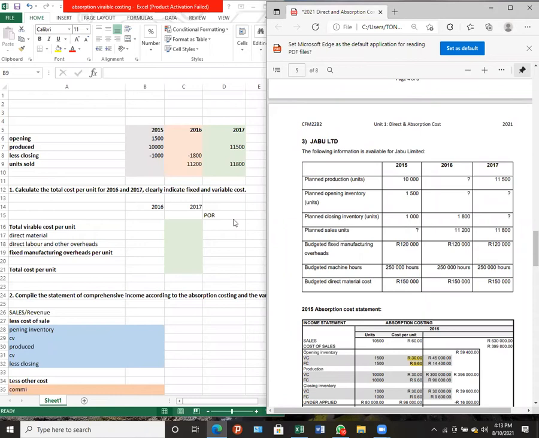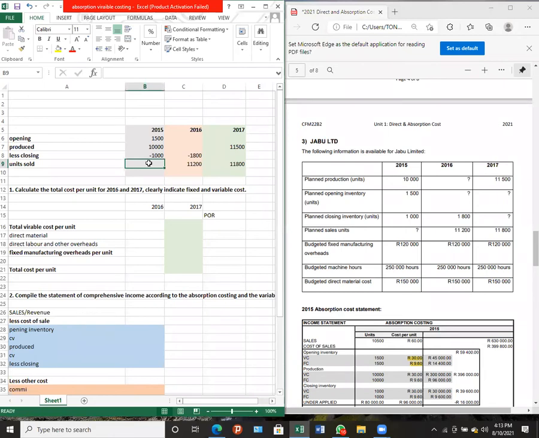Please write down the formula, because you're going to use it in your calculations. They can ask you to calculate the number of units sold, the closing, or the number of units produced. But if you know the formula, you will know how to calculate the question mark, because you can reverse the calculation.